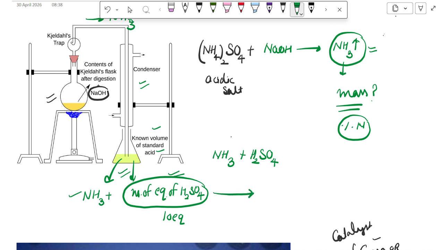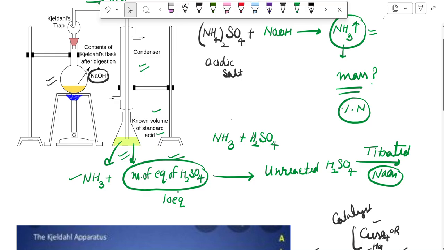So some equivalents of H2SO4 will remain unreacted. The unreacted H2SO4 is titrated against a standard alkali like NaOH.